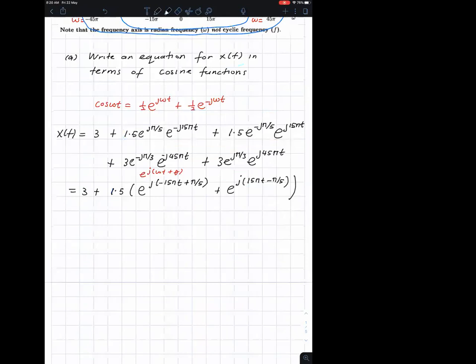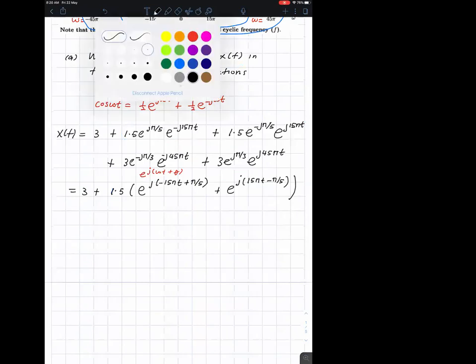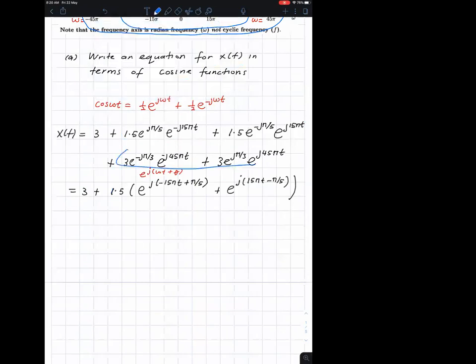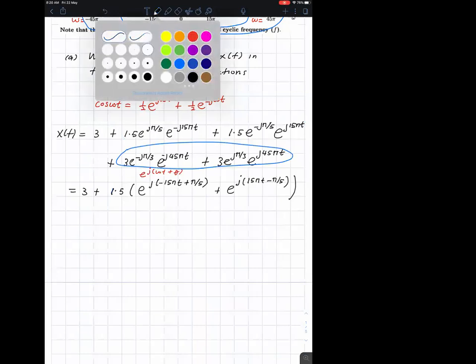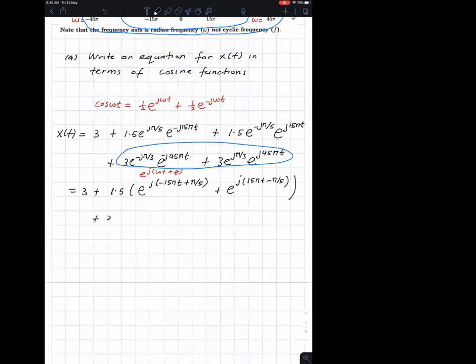Next, I'm going to combine these things together. Plus 3, factor out the 3. Then you write the frequency part. You put the j outside, and then you write minus 45 pi t minus pi over 3.